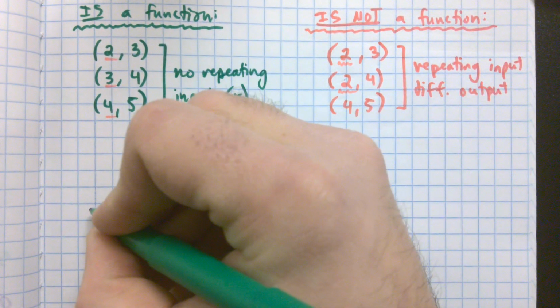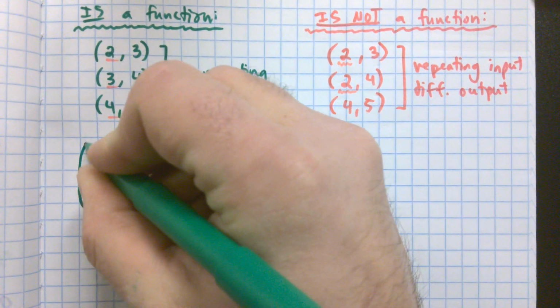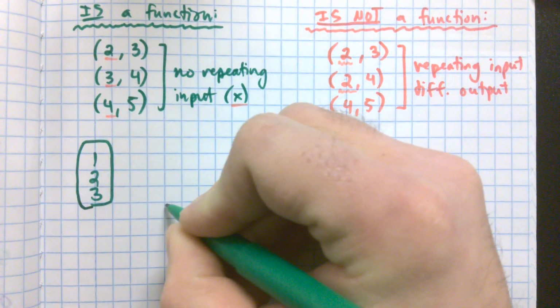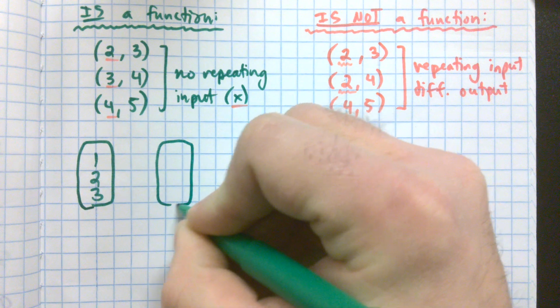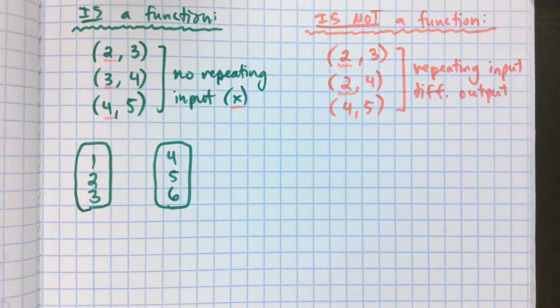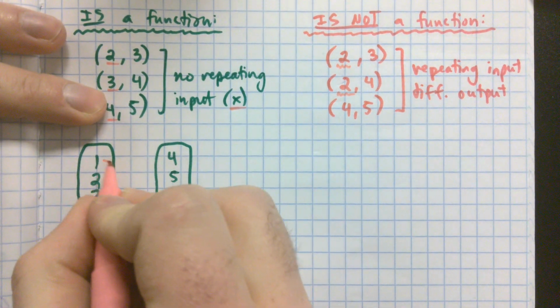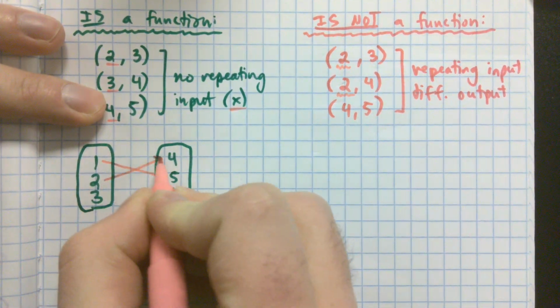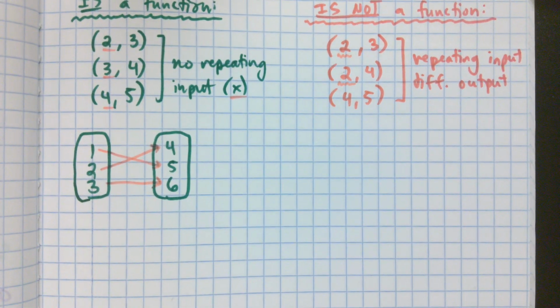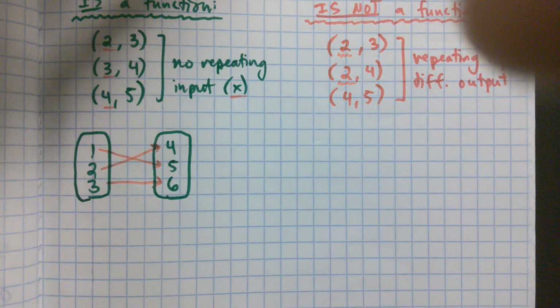Now we can also see this in what's called a mapping diagram. Right? If we see something like this, this is called a mapping diagram.